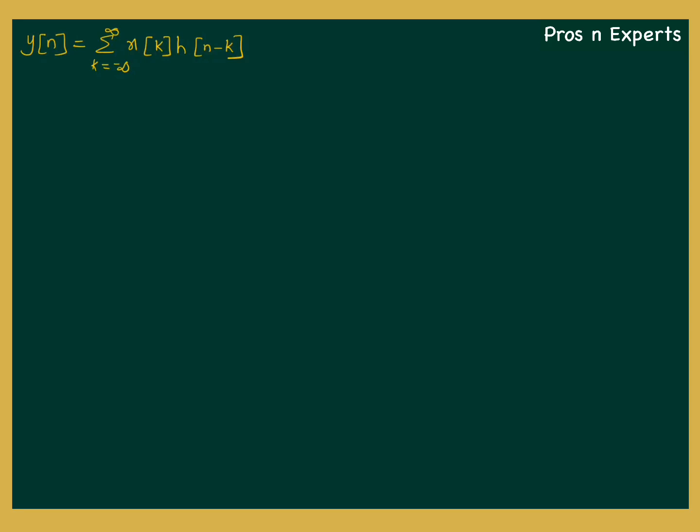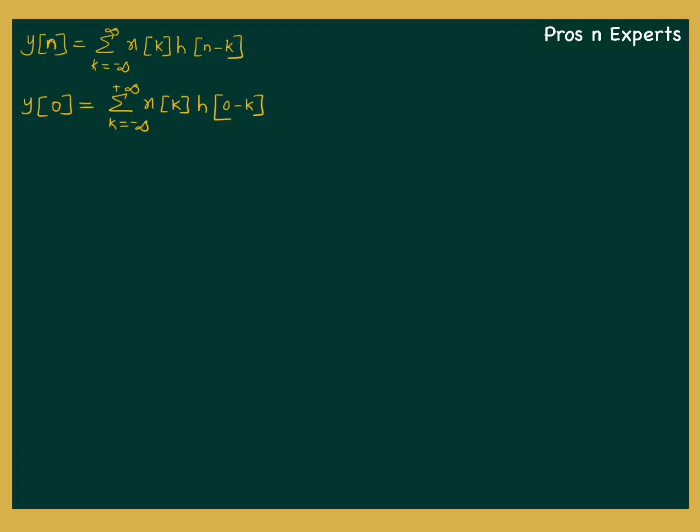So the first sample value will be y of 0. Y of 0 will be equal to sigma over k equal to minus infinity to plus infinity x of k into h of 0 minus k, right? That means here it is a function of n.